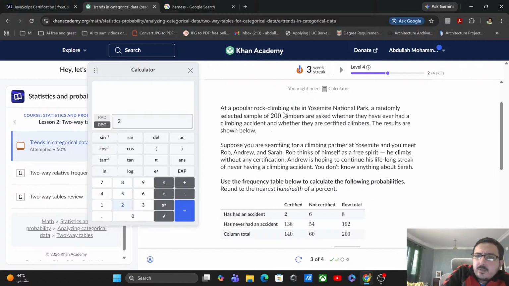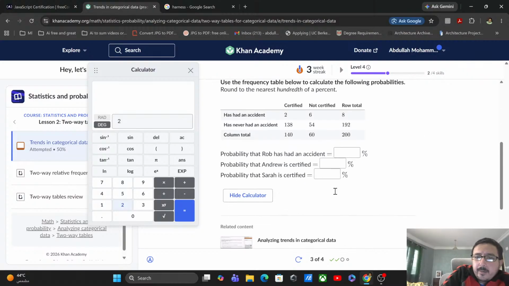Wait, this is totally different. A sample of 200 are asked whether they have ever had a climbing accident and whether they are certified. Rob climbs without any certification. No certification for Rob. Andrew is hoping to continue his lifelong streak of never having a climbing accident. You don't know anything about Sarah.